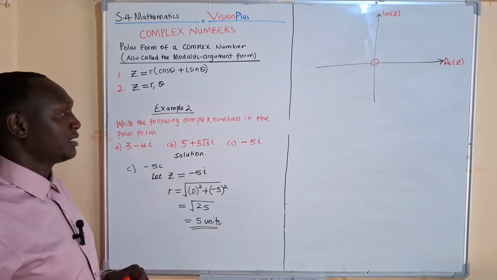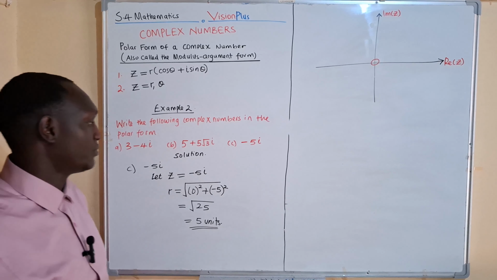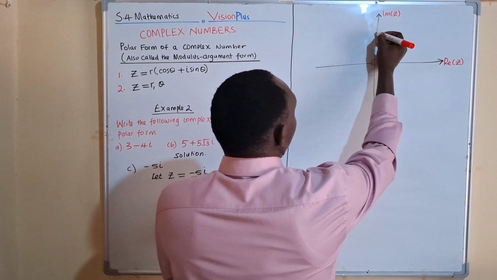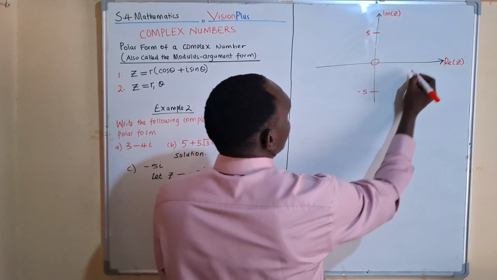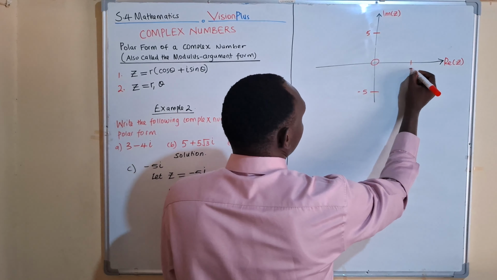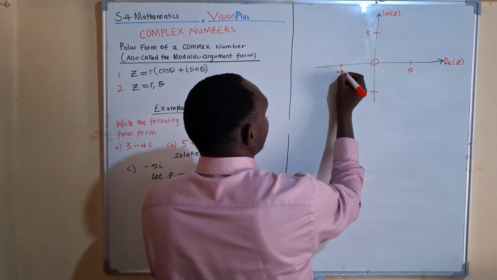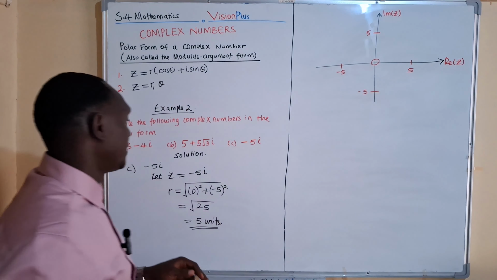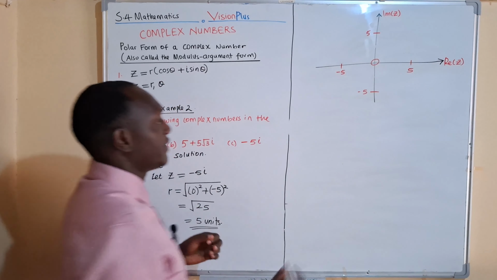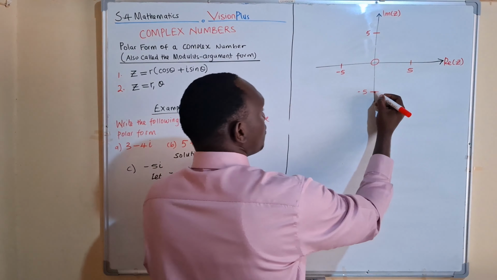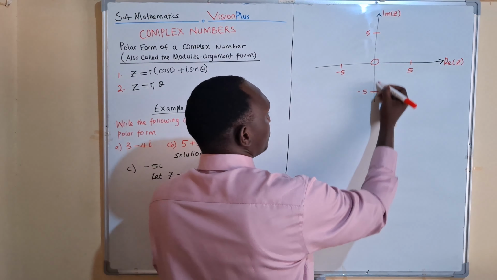Remember, the real part is 0. So let me mark the imaginary part here 5, then the corresponding negative 5 there. Just to make it look nice, you can also mark that axis in that format. But remember, on the imaginary axis, we need negative 5, which is here. On the real axis, we need 0, which is here.